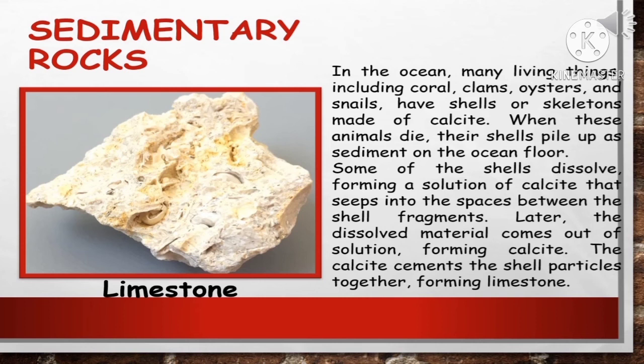So, the mineral on the exoskeletons of these living organisms, no, ay galing po sa calcite. When these animals die, their shells pile up as a sediment on the ocean floor. Some of the shells dissolve, forming a solution of calcite that seeps into the spaces between the shell fragments. Okay. Later on, the dissolved material comes out of the solution, forming calcite. The calcite cements the shell particles together, forming limestone.